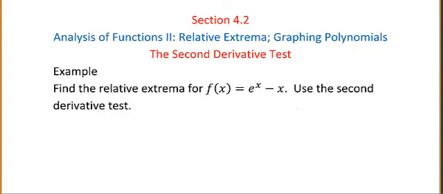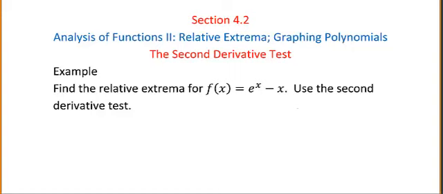Among the points that you found there are going to be all the x values for relative extrema. Then you have to sort through those critical points to determine if they actually are a relative max or relative min.